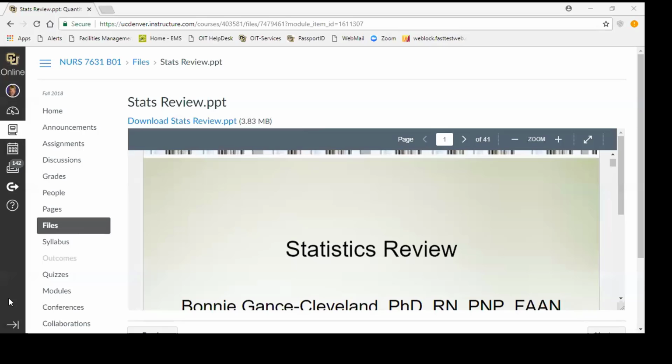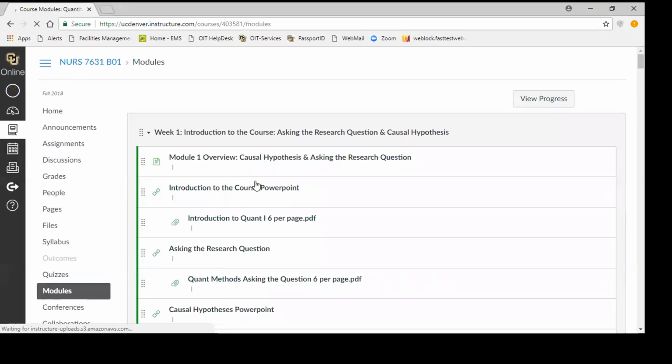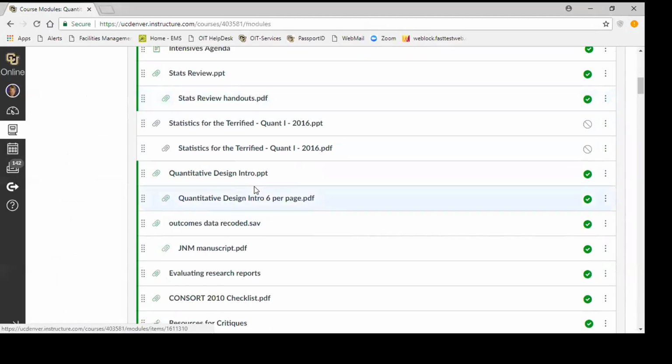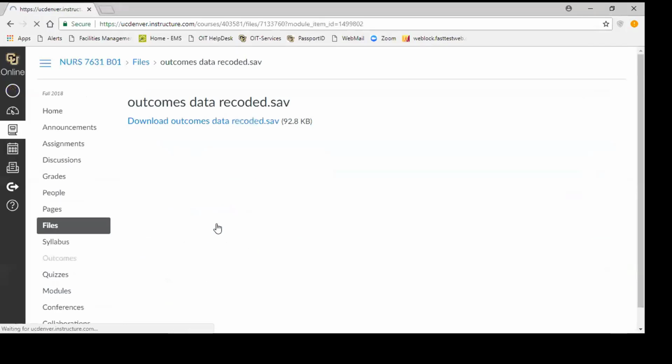I think what I'm going to do, since we're down to about a half hour, is have you look at some of the data real quickly since we're kind of running out of time. So if you guys would sign into Canvas, go to the modules, and go down to this outcomes data recoded.